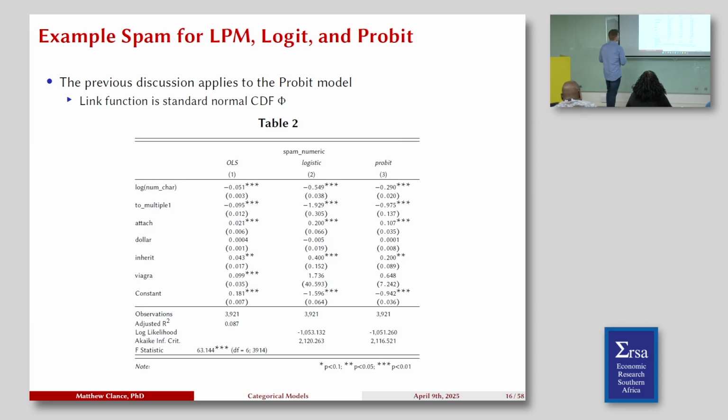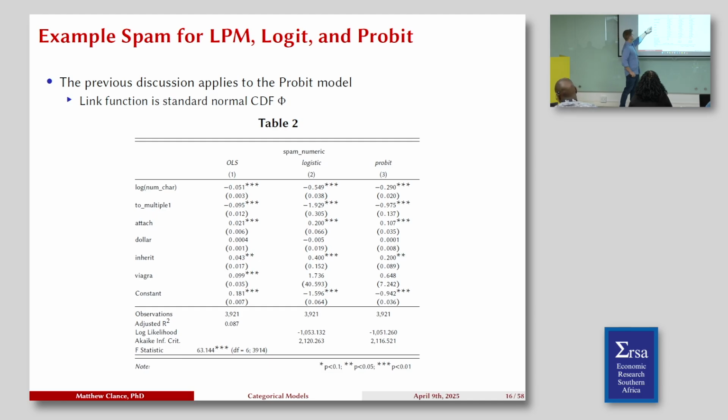And for now, what we're looking at here is our standard LPM model that we know we can look at the coefficients to get an idea of what the overall effect is on, in this case, I'm still using the spam example. So basically, what characteristics are most likely to give us a probability of success for identifying spam emails?